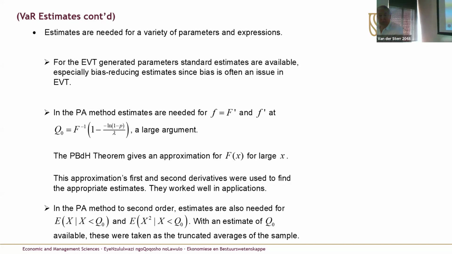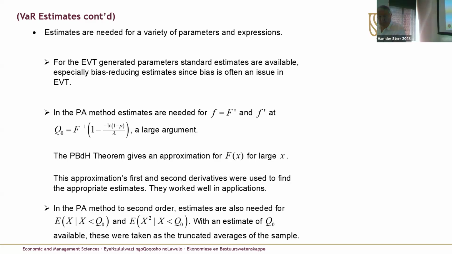Now we need that at the point q naught, and q naught is quite a high quantile. So we need the estimate of the density and its derivative at a fairly high point. Now, we have no data or little data at that point, so to estimate it there is not easy.